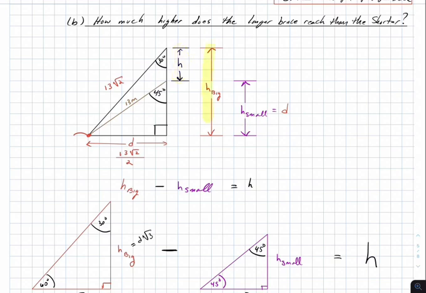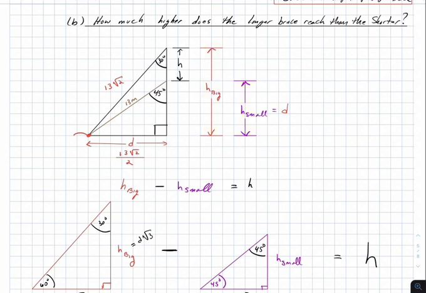Well, we take the bigger brace, right, the height of it, and we subtract the smaller base, right? In this case, those are heights. So if I take the smaller height away from the bigger height, I'm going to end up with the height. Okay. So, what do we know?